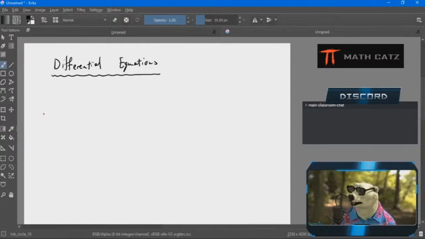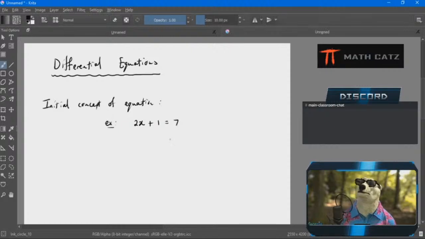in high school and earlier perhaps, your initial concept of an equation, your initial understanding of what an equation is, has been something like, let's give something very simple, 2 times x plus 1 equals 7. That could come from a word problem or not, or just made up.